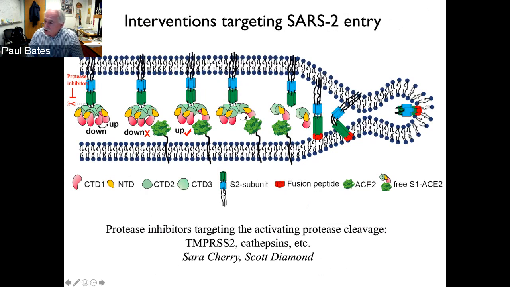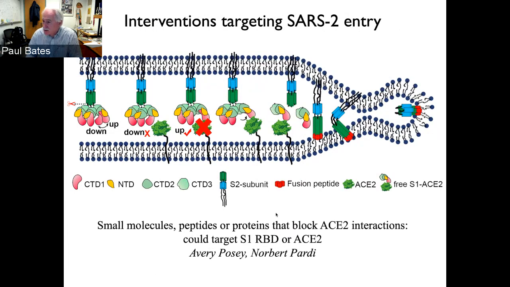Some of those almost surely will be protease inhibitors that are likely targeting cellular proteases. As I mentioned, one problem in doing this is that the proteases may be redundant, and so what you see in one cell line when you do your screening may not pertain to what's happening in the lung or in other cell lines. So you have to be careful when you do those experiments.